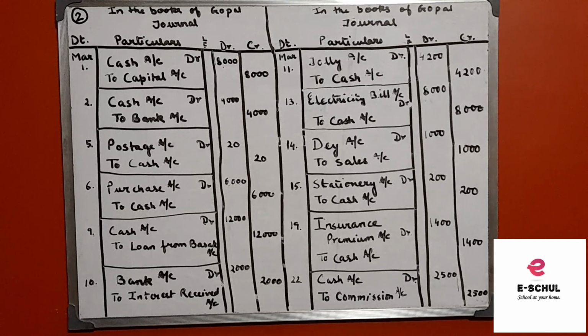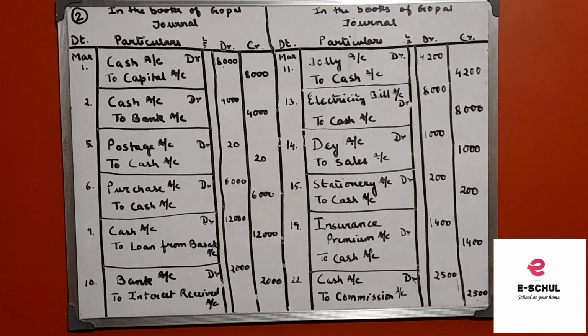So debited, and cash account credited because cash is going out. Next, sold goods to Day on credit. So here Day account, personal account, receiver, is debited, to sales, nominal account, income, credit.